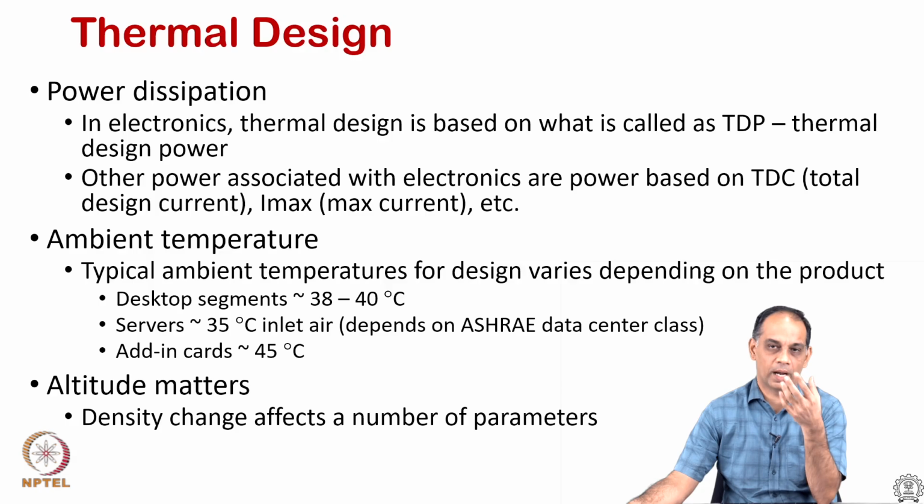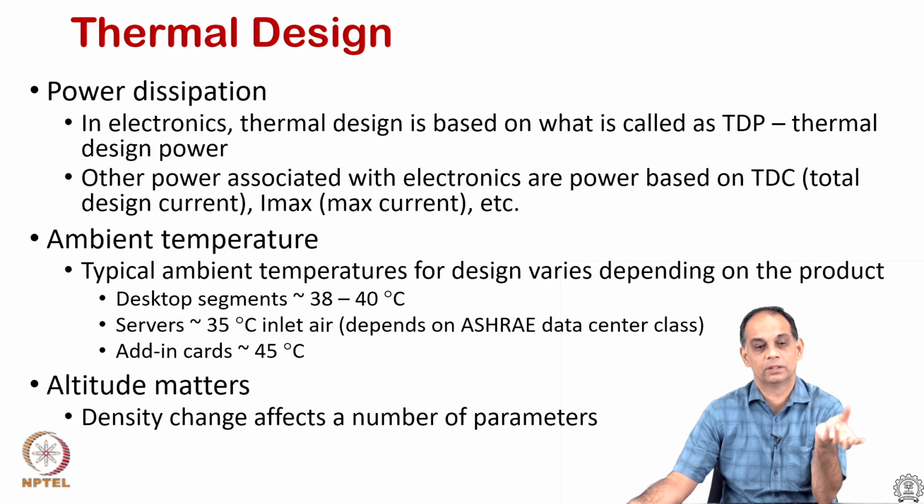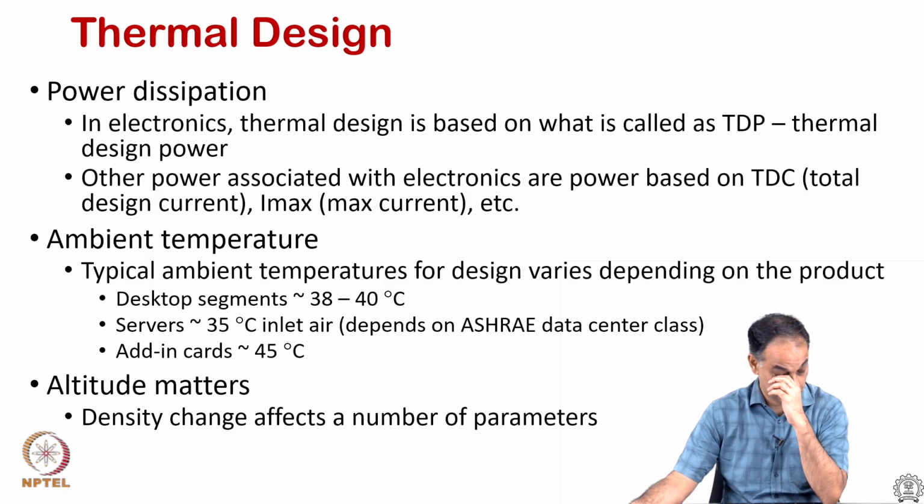And also altitude: if the system is going to fly, then the density change, or if it is going to be submerged or in a submarine or some place, the altitude or the density change has to be taken into account. So, these are the primary inputs. You have power, you have the ambient, and then you are also specified the maximum temperature. That defines the resistance.